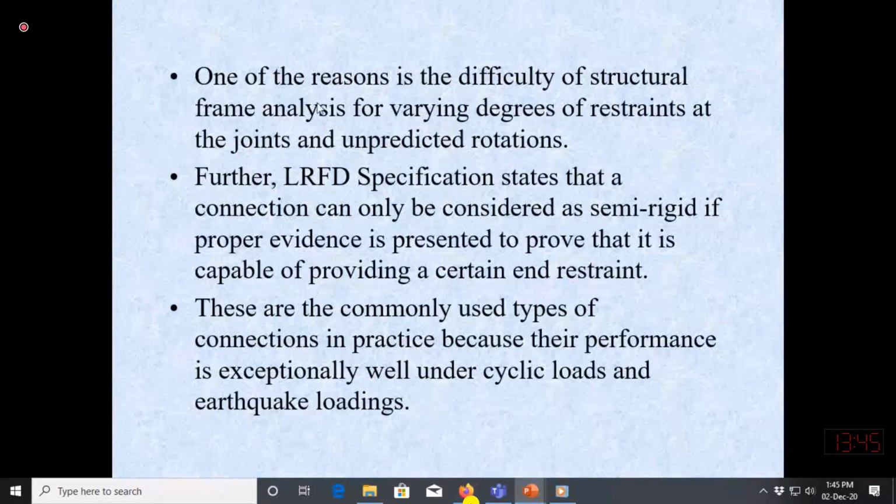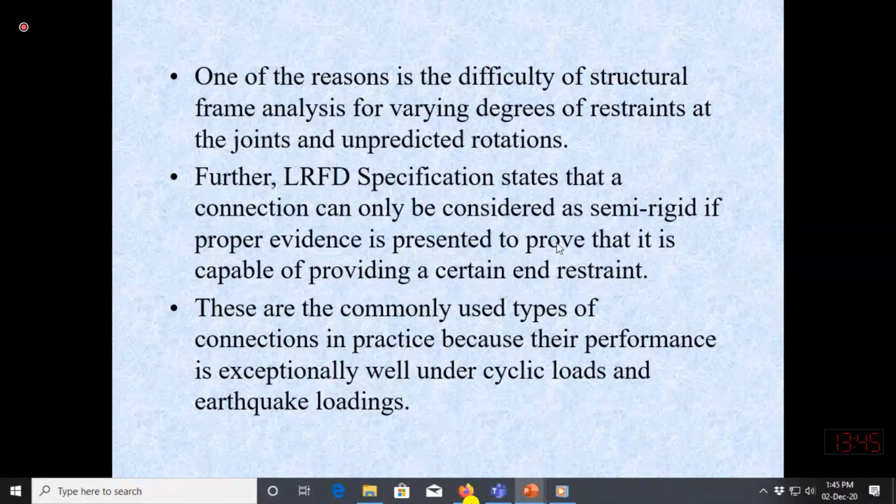So why are we connecting? One of the reasons is the difficulty of structural frame analysis for varying degrees of restraint at the joint and unpredicted rotation. Unpredicted rotation means rotation from any accidental moment which is coming. Further, the LRFD specification states that a connection can only be considered semi-rigid if proper evidence is presented to prove it is capable of providing a certain end restraint.